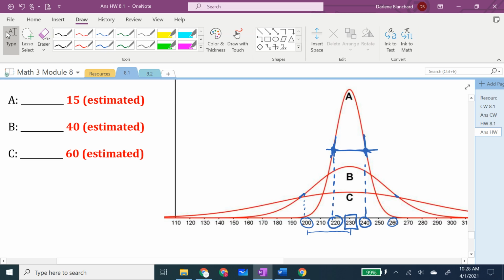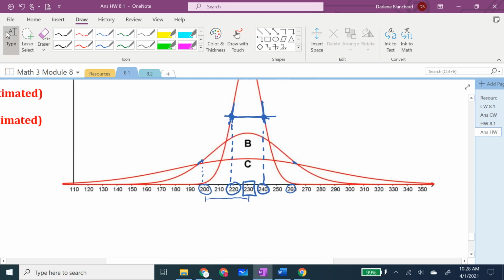Then when I look at graph C, again, I'm looking for those points of inflection, and I would say maybe about there-ish. Could be somewhere around in there. So it's probably a little farther than 300. And all I need to do is look at one of the points of inflection, not the pair, and just look at the distance of one of those inflection points from the center.